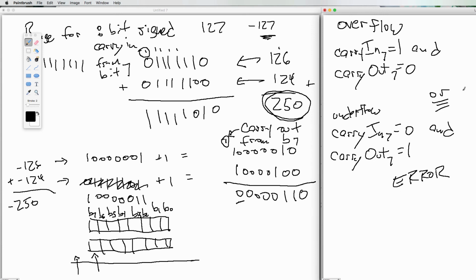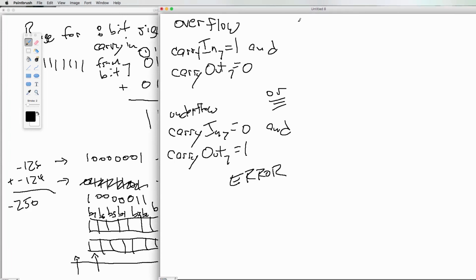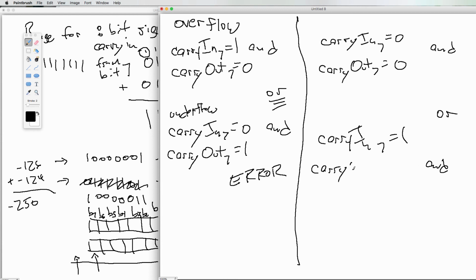Okay? But here's the other thing that you need to remember. I'm going to move this over a little more. If the carry in on 7 is equal to 0, and the carry out on 7 is equal to a 0, or the carry in on 7 is equal to a 1, and the carry out on 7 is equal to a 1, I'm going to say everything is okay.